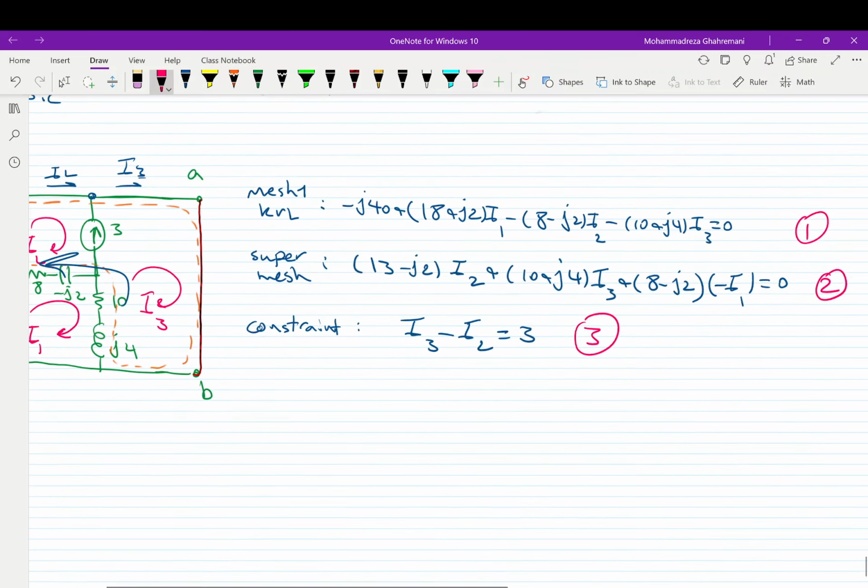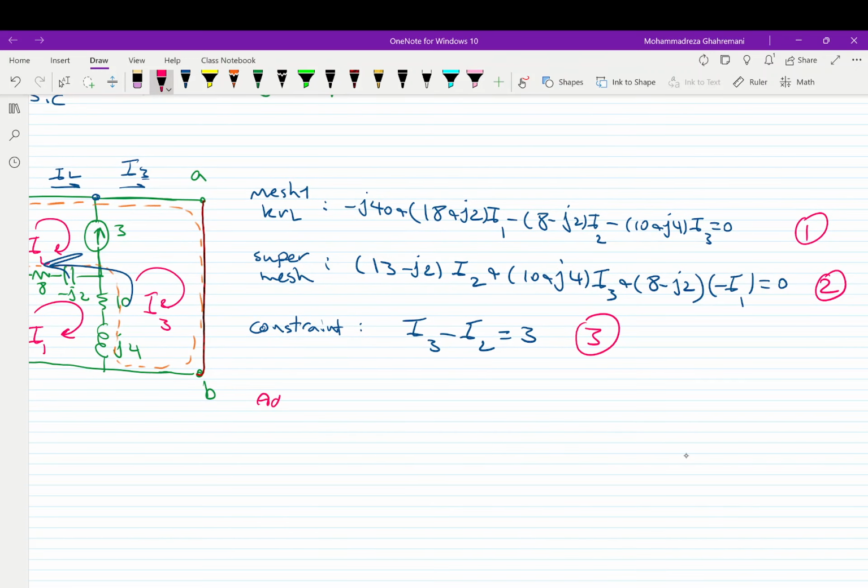Here what we do, we add 1 and 2, because if we add them we see that, let's say this part will be cancelled with this part, and this, and what else. Let me see if we add them. I want this.